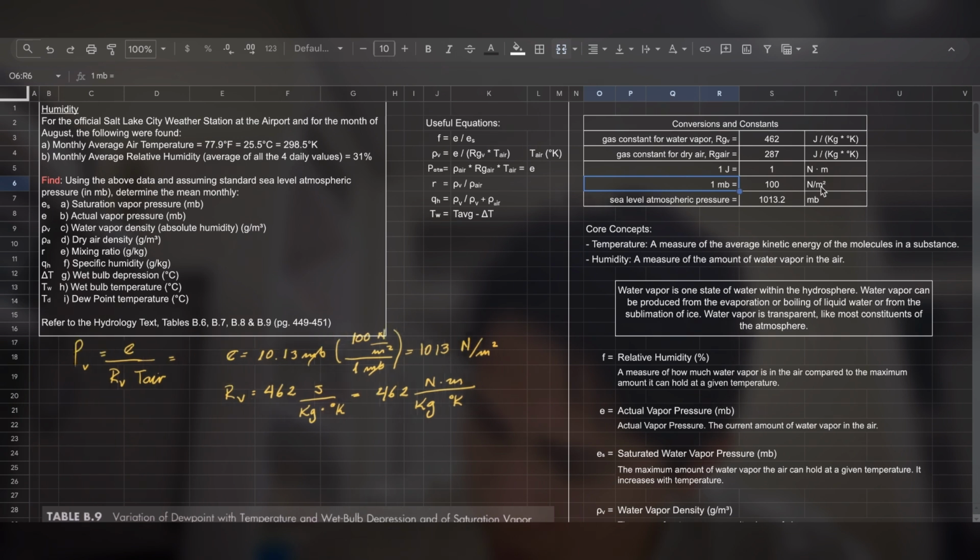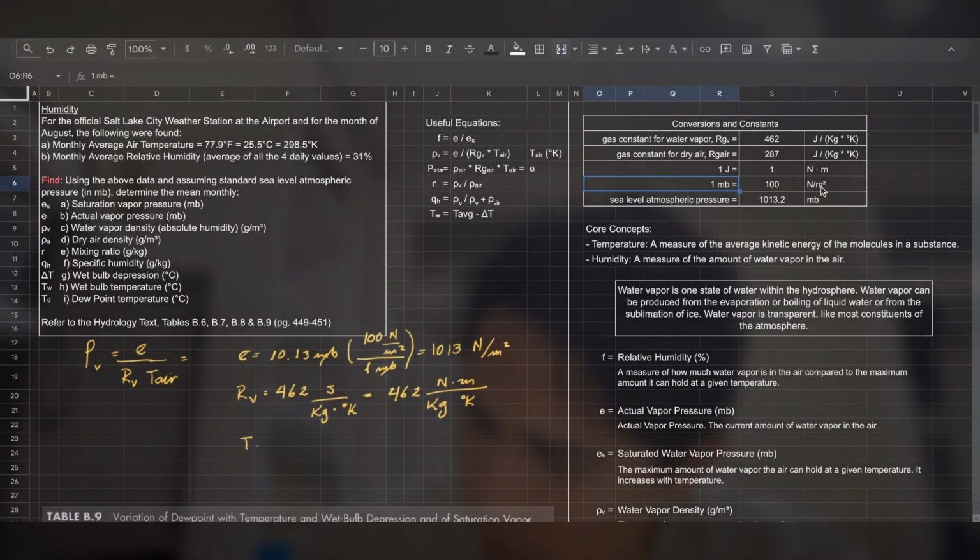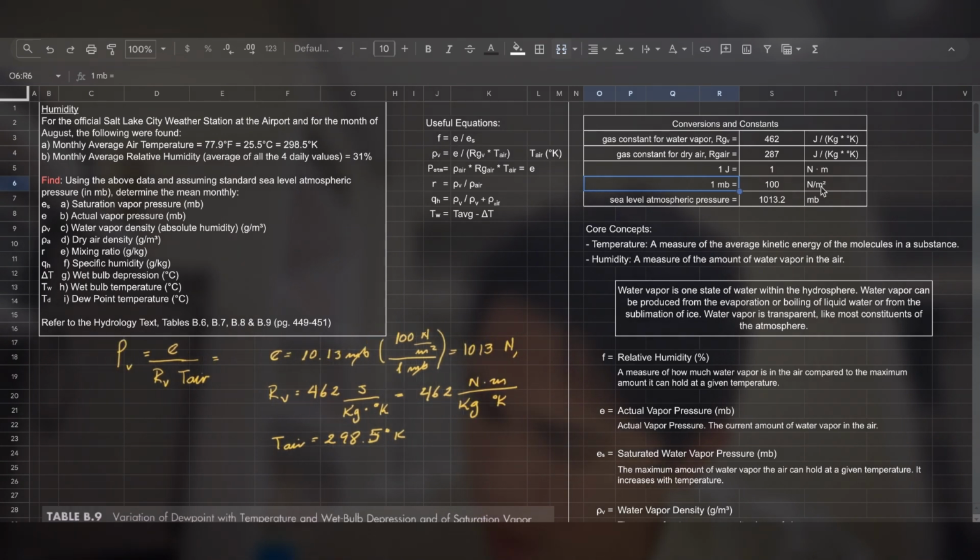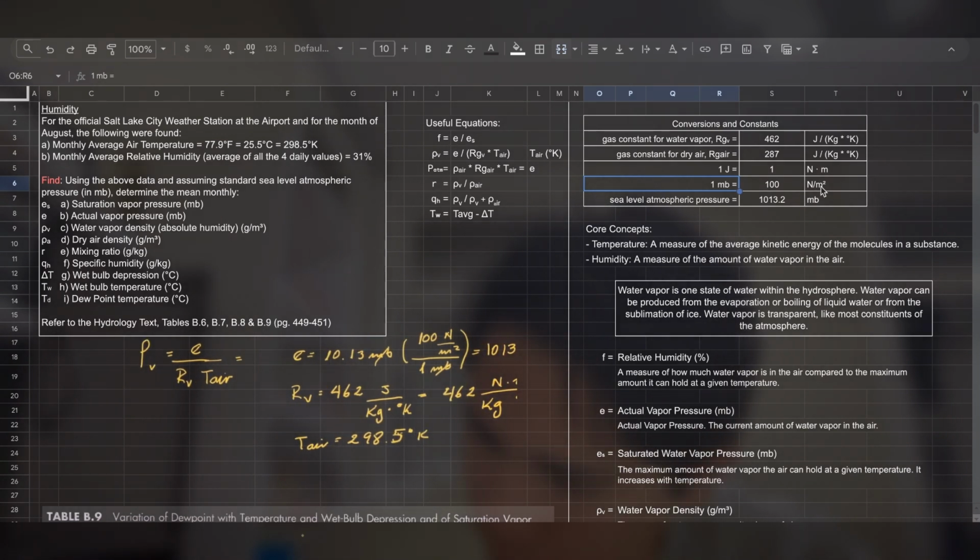And our temperature, we know now, we have converted, it's going to be 298.5 degrees Kelvin. With these values, now we can solve for the water vapor density.